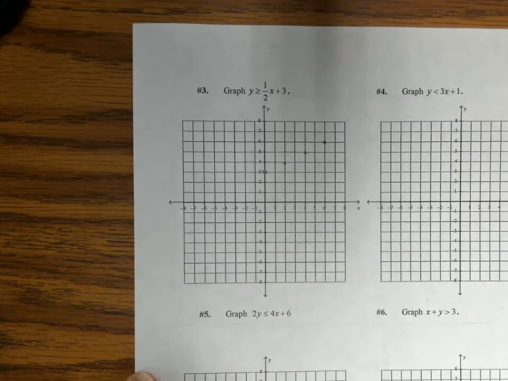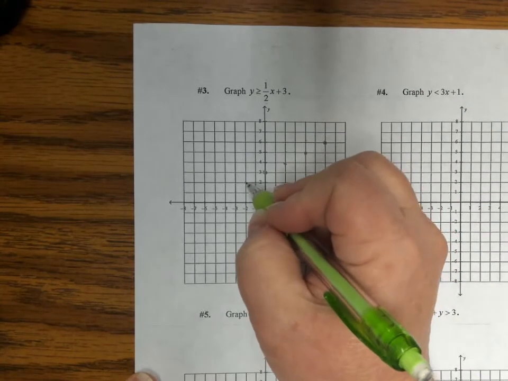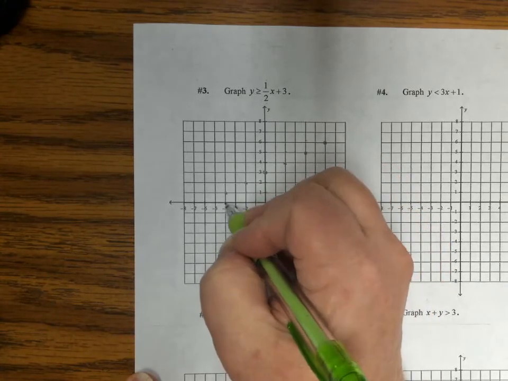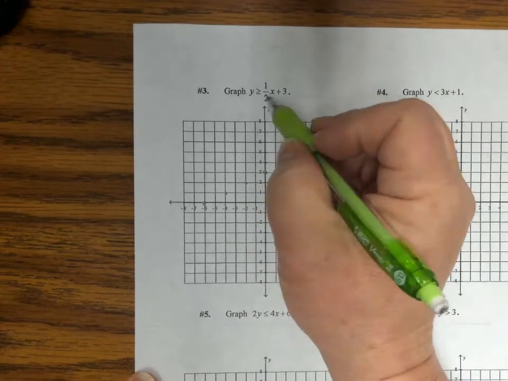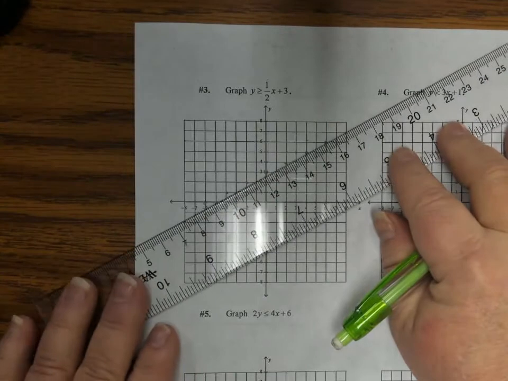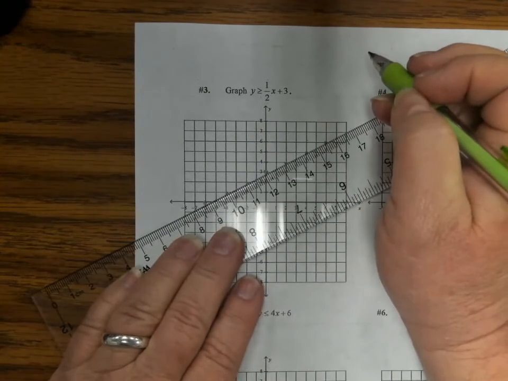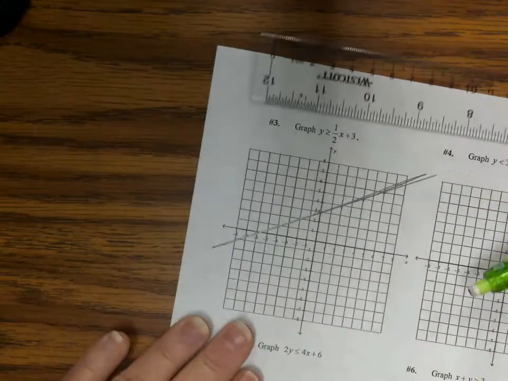Now that wouldn't give me a very pretty line, so I'm going to go down 1 over 2, down 1 over 2, down 1 over 2. That gives me a much nicer line, and since I have an equal sign, I need to use a solid line. So I'm going to draw my solid line, okay?